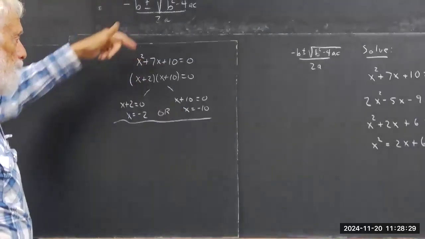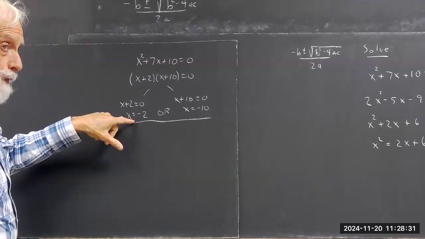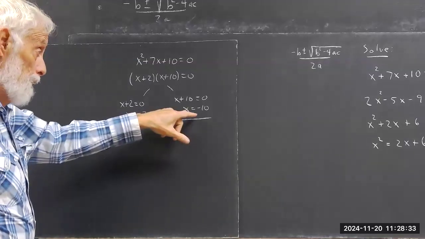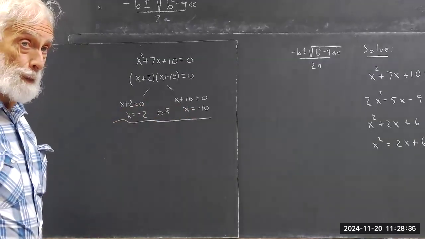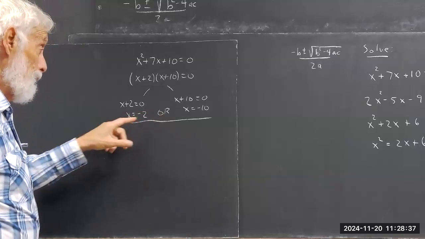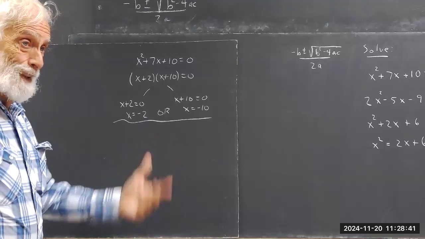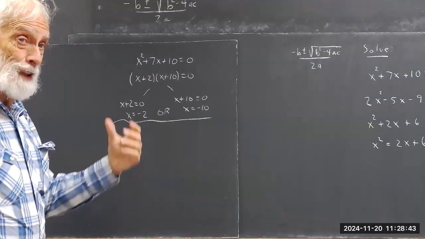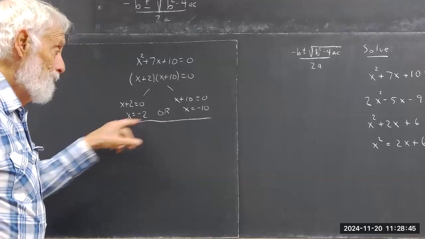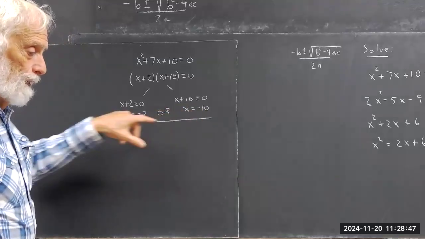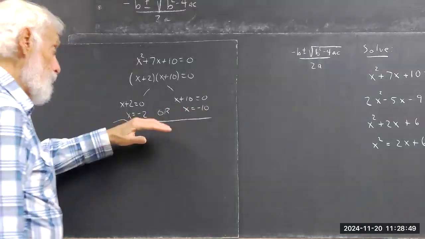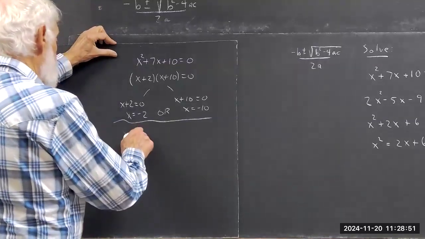So x equals -2 is a solution, or x equals -10. Can't be both. You can't say x equals -2 and x equals -10. That's logically ridiculous. X can't be -2 if it's -10, and can't be -10 if it's -2. Think about that logic.